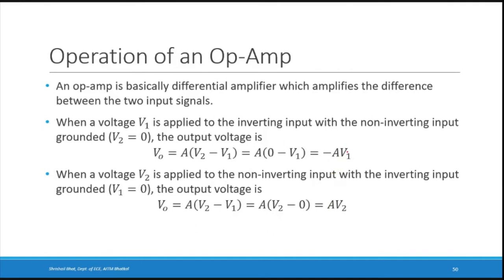That means positive will become negative and negative will become positive. And whatever voltage you apply at the non-inverting input terminal will remain in the same phase. If it is positive, it will remain positive. If it's negative, it will remain negative, and it will be amplified with a certain gain of A.